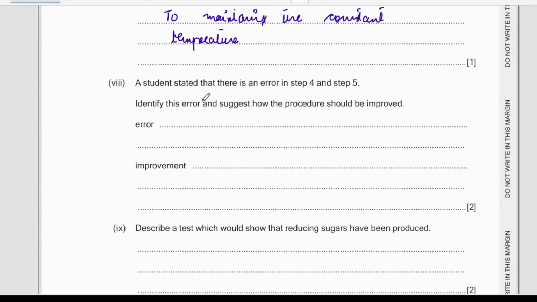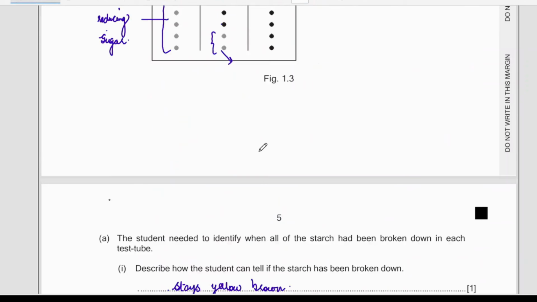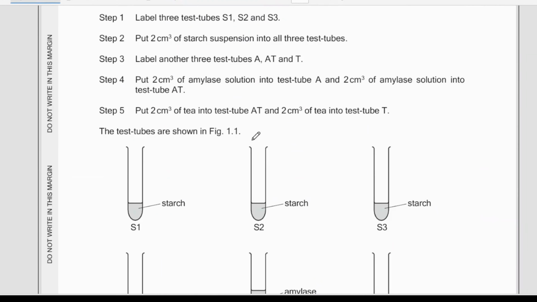A student stated that there is an error in step number 4 and 5. Identify this error and suggest how that can be improved. Let's move to step number 4 and 5. They have taken this volume in a test tube. How can this correction be done, how can the accurate volume be measured?